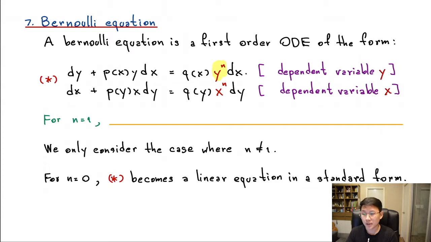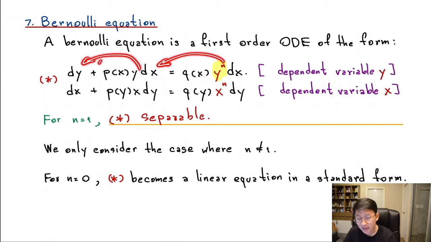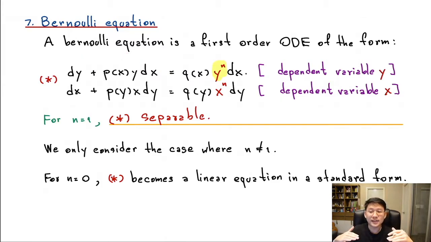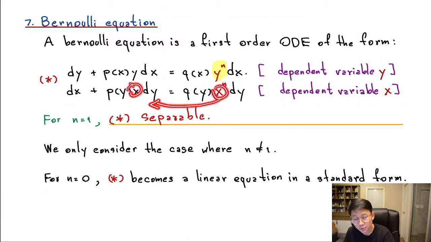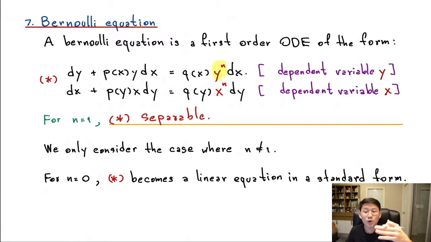So if n equals 1, you can see that equation star becomes separable, because you can just push it there and then pull y out, and then divide the whole equation by y, so it becomes separable. Here as well, you put it that way, pull x out and divide the whole equation by x. You can try it yourself, okay? You're going to get a separable equation.